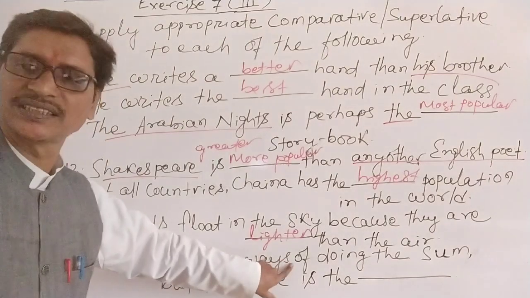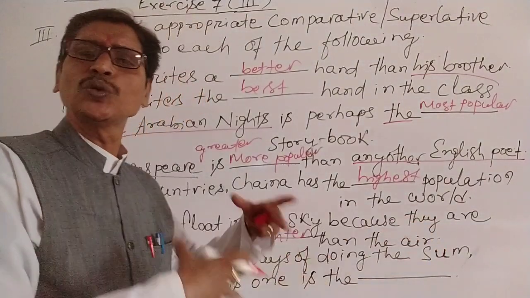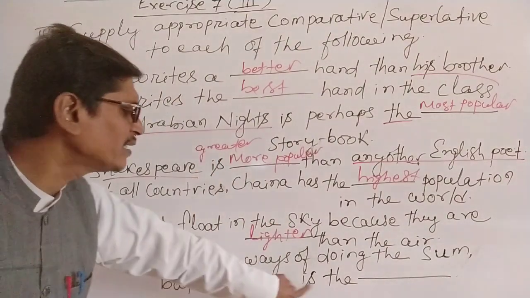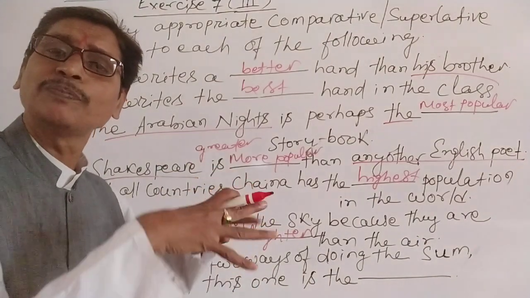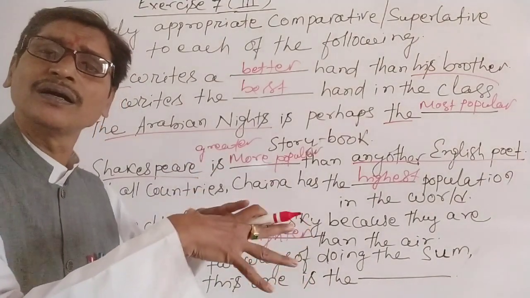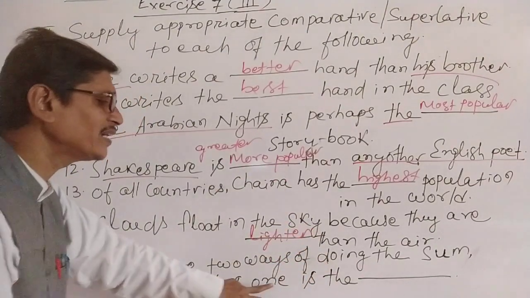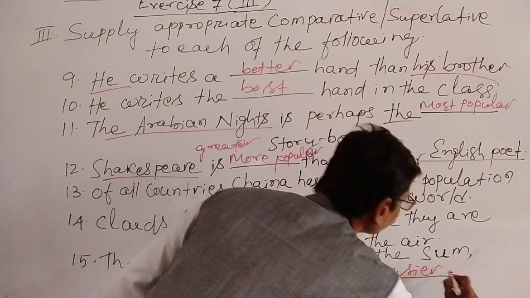There are two ways of doing the sum. Doing the sum means doing the calculation. There are two ways, but this one, we are comparing between two formulas for this sum. But this one is, we can say, easier.